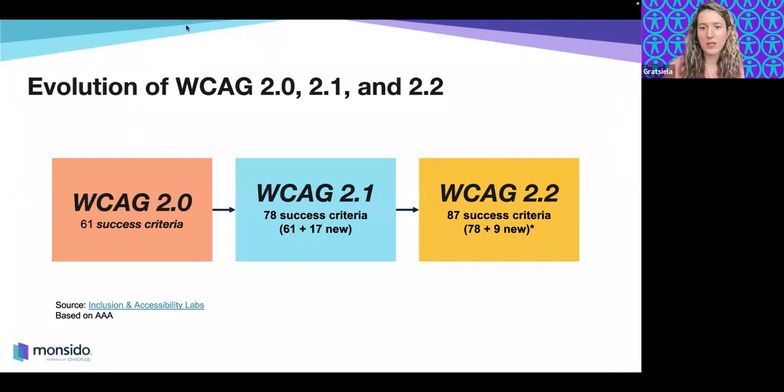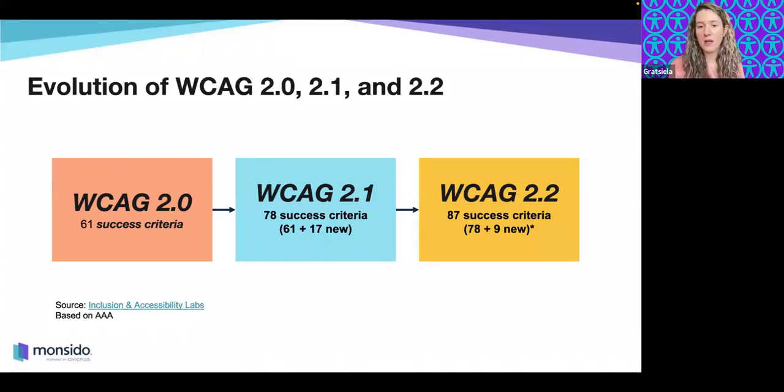I refer to the criteria based on the third level, AAA, that Lars was talking about, which is the highest level. The version of WCAG 2.0 in 2008 had only 61 success criteria, which later on, when WCAG 2.1 was released, added another 17 criteria, so they became 78 criteria.